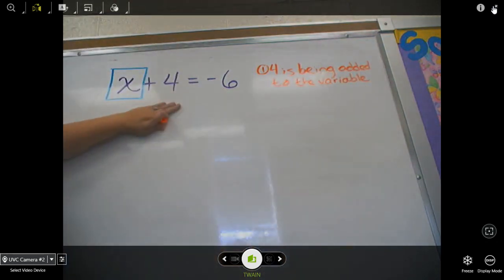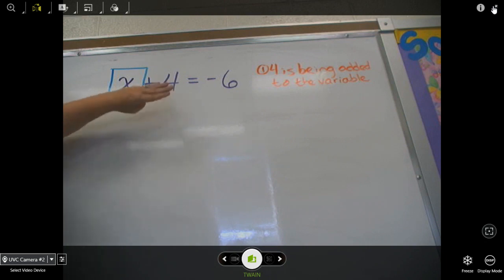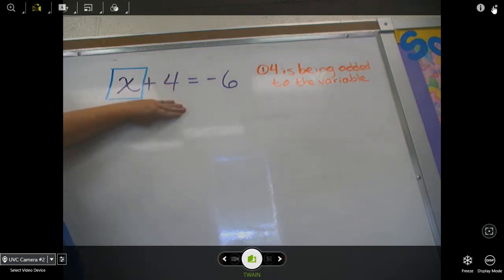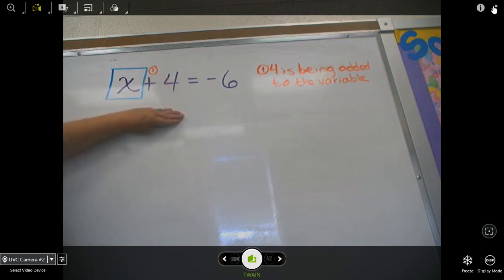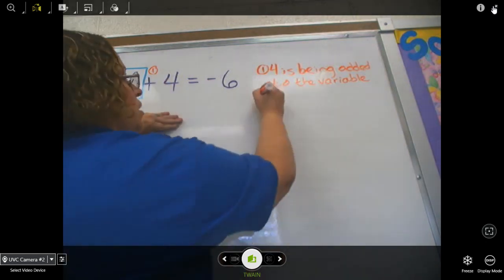So remember, to quarantine this x, to complete social distancing, we have to do the inverse operation. What is the inverse of addition? So how do we undo this?